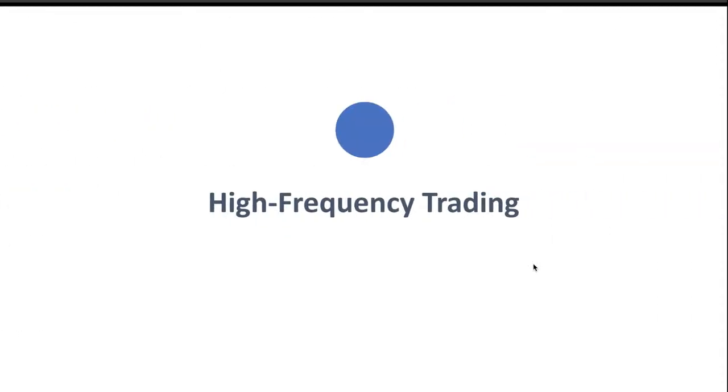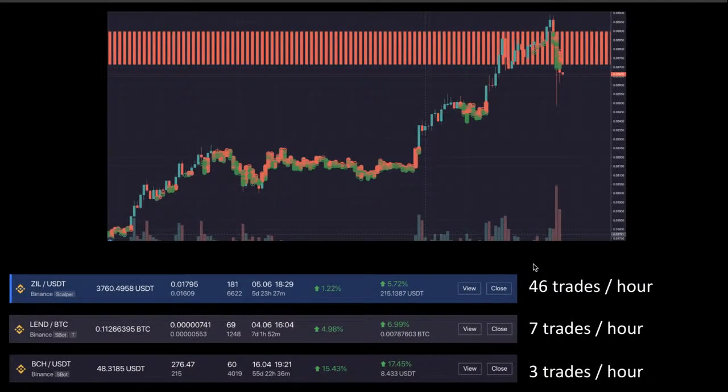So let's move on. First of all, for those of you who don't know, all of our bots have a high frequency trading algorithm implemented, and here is the simplified visualization of what the high frequency trading is all about. You see the chart here, and on the chart there are many circles.